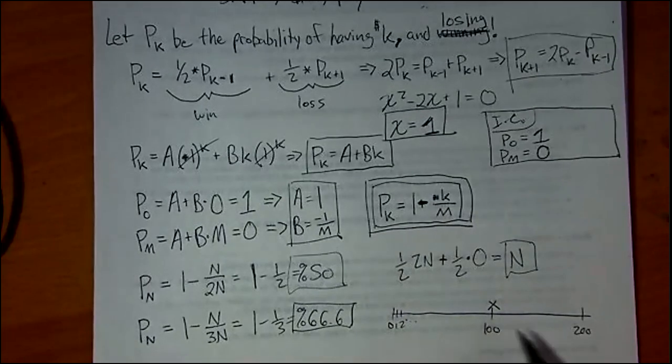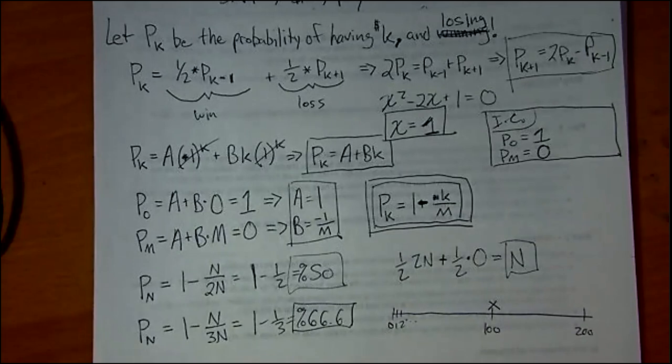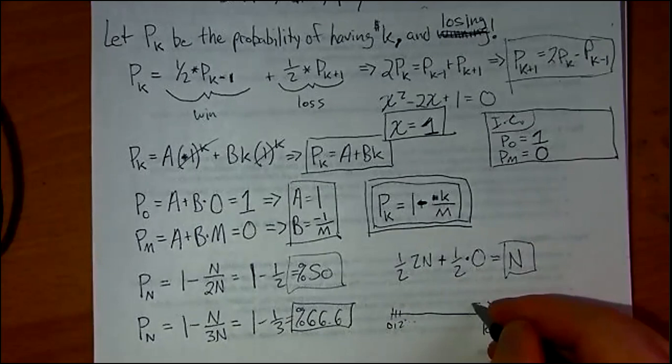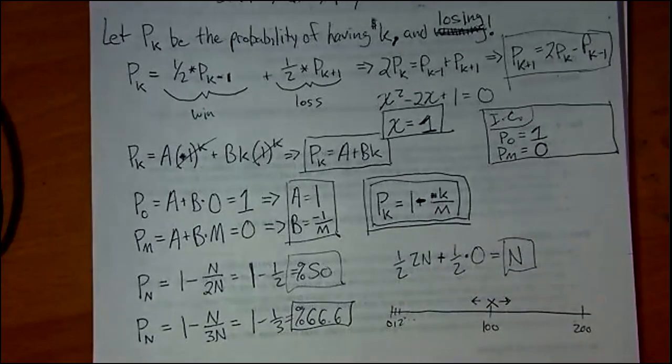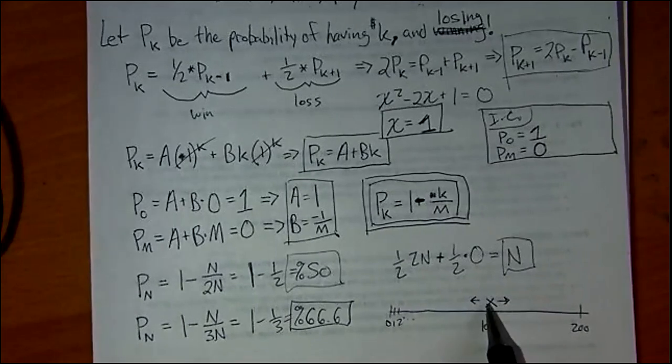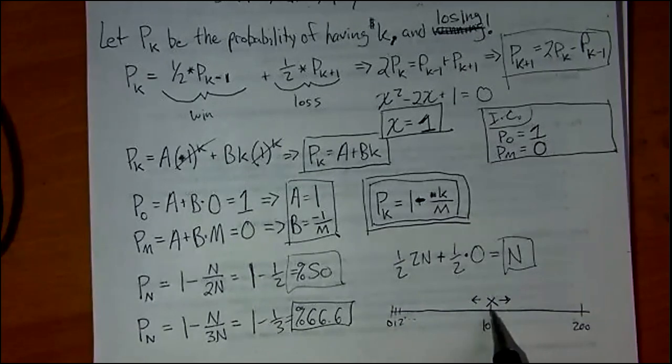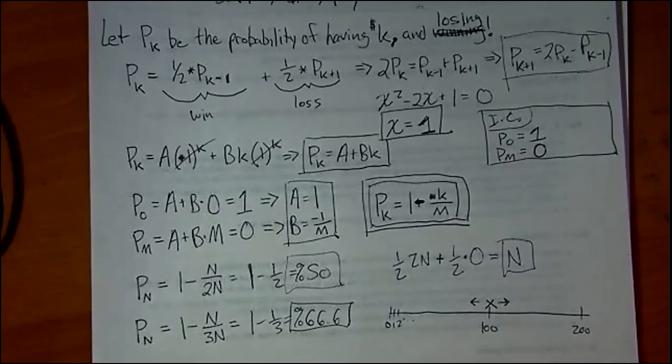Now, you're just as likely to win as you are to lose. So you're just as likely to win money, which would be going this way, as you are to lose money, which is going this way. So as you play, your amount of money sort of bounces all around on this number line. You win a bit, and then you lose a bit, and then win a bit, lose a bit more, win a lot, lose a little bit. You're sort of bouncing around.